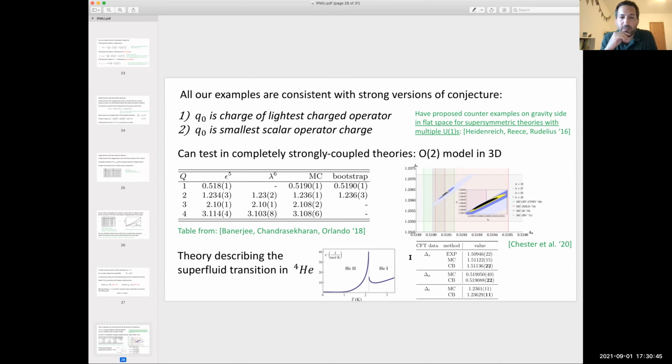There's also another nice comment to make about this. This theory is proposed to describe the superfluid transition in helium, and so some of these things can actually be experimentally measured. In this case, if you see in this table, the thing that's experimentally measured is the singlet under the U1, but it's plausible to expect that at least the leading non-singlet term could be experimentally measured. I don't know if the second one can also be measured so that you can really test convexity experimentally, but it would be very interesting if that's possible.